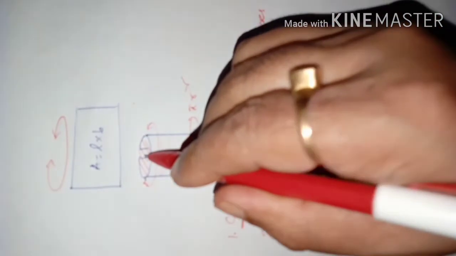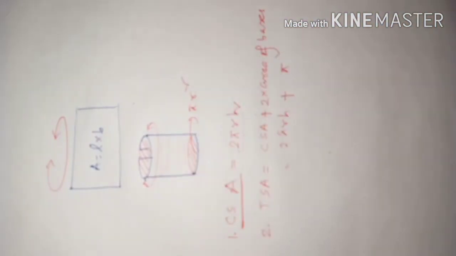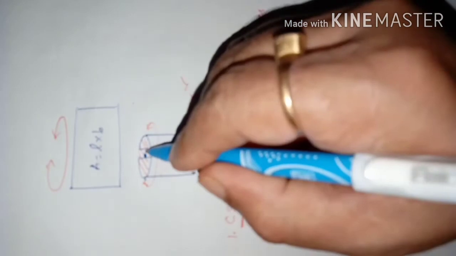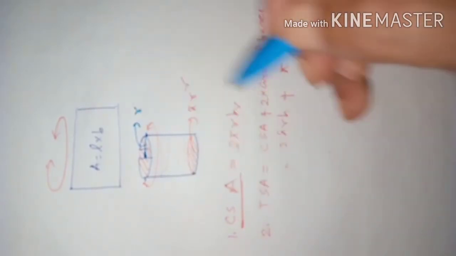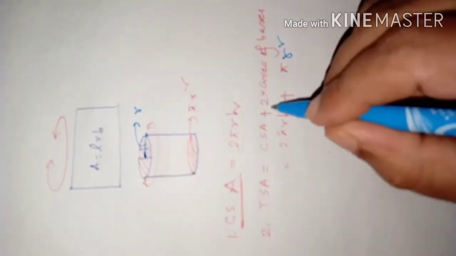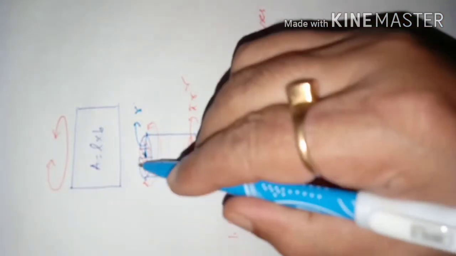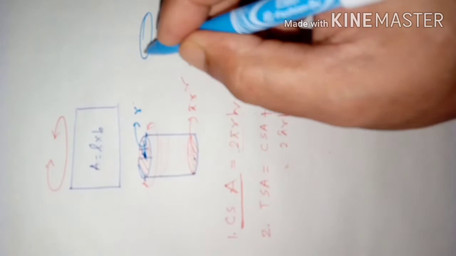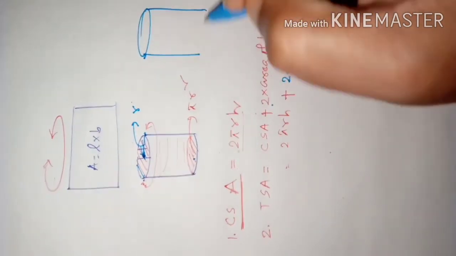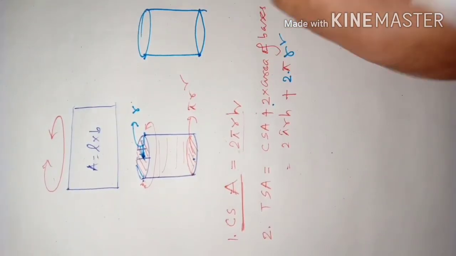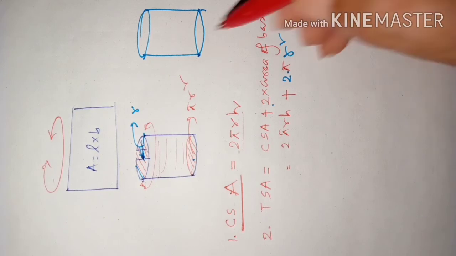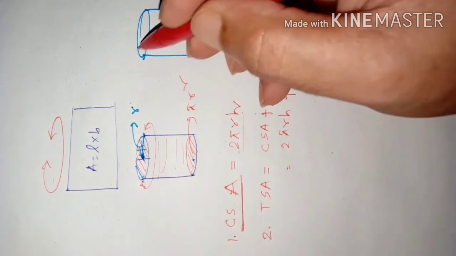It has got radius from the center of the cylinder to the boundary. So it is pi r square. How many times? 2 times. Why 2 times? This is one, another one is here. This is a cylinder. You can imagine a piece of a log of wood which is filled with material.